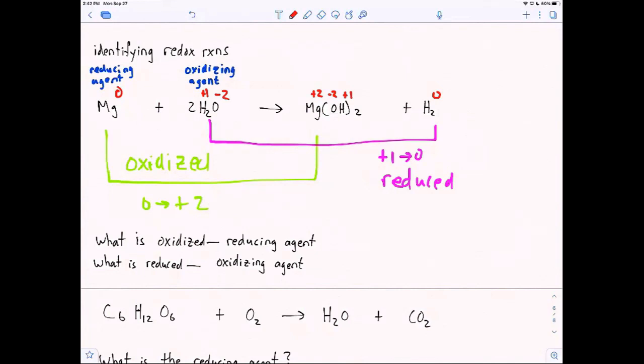I am delivering the electron. Since I'm giving my electrons away, I have become oxidized. I've lost electrons. I've delivered electrons to the oxidizing agent. This is the person, or the element or group of atoms, that is causing the oxidation.